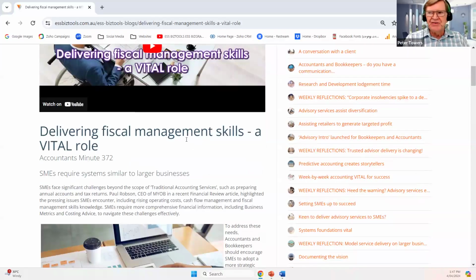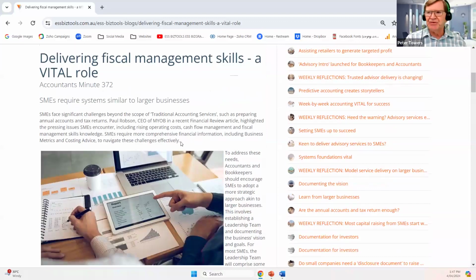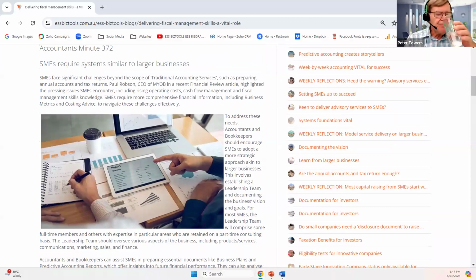We produce this article called Accountant's Minute every fortnight. We missed last week because of Easter, but we'll be releasing the next one on Tuesday of next week. This one was called Fiscal Management Skills, a Vital Role. This particular product called Accountant's Minute is only directed at bookkeepers and accountants.